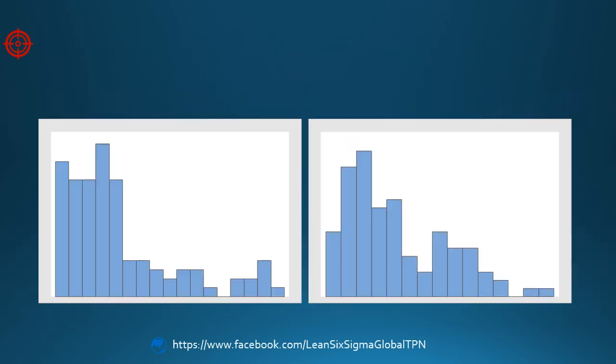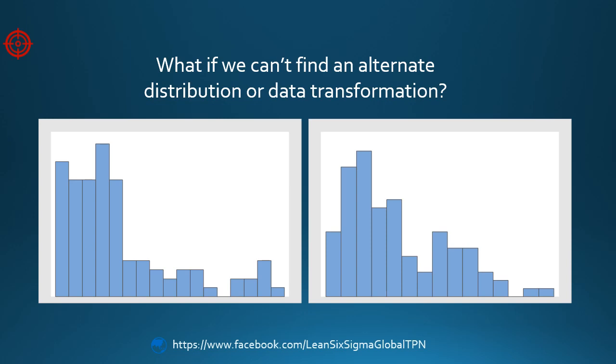In some cases, it may be impossible to fit any distribution to your data or transform it into the normal distribution. When this happens, consider why. Are we missing multiple populations? Are there outliers in the data that should be removed?